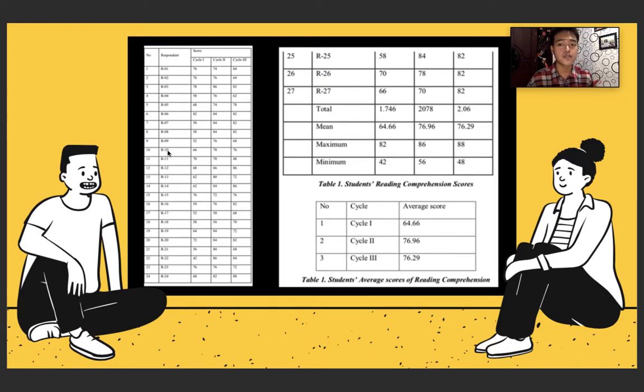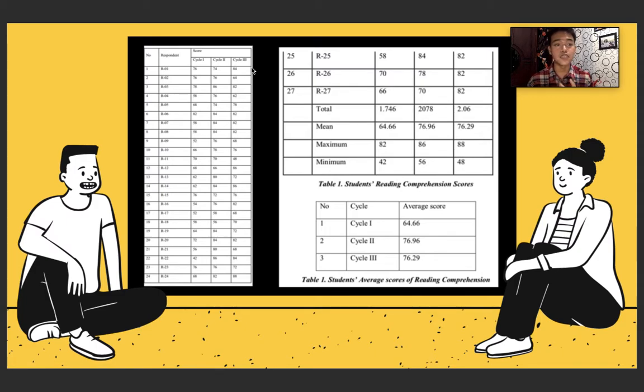Respondent number 10 received a score of 66 in cycle 1, and in cycle 2, respondent number 10 received a total score of 78, which I think is quite effective through the use of Google Classroom. As we can see, the students experienced some progress in their reading comprehension. As for cycle 3, I think it is the same as cycle 2.